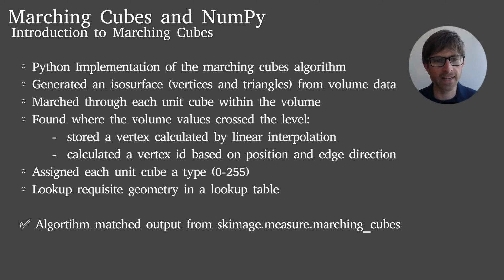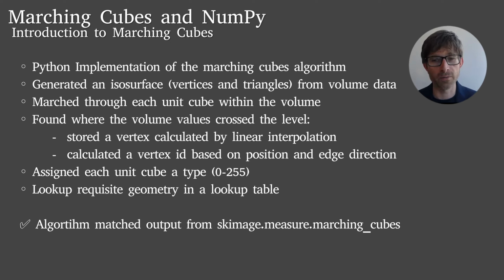We looked for all the cases where the volume crossed a predefined level and created a vertex at that point, which we found by linear interpolation. And we also generated a vertex ID for that vertex. We assigned each unit cube a type that was used to access a known geometry lookup table to find various triangles to connect the vertices together.